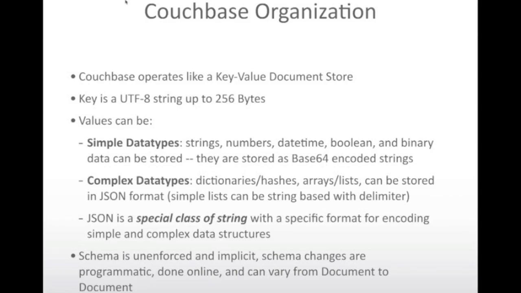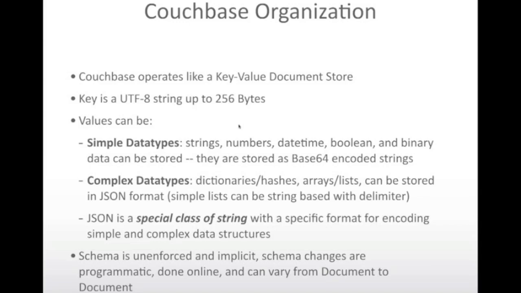What that means is that Couchbase server itself does not enforce a schema. It's implicit in that your application model creates a schema implicitly when you have your strings and numbers and complex data types in your objects, and you serialize it into JSON. There's an implicit schema there.